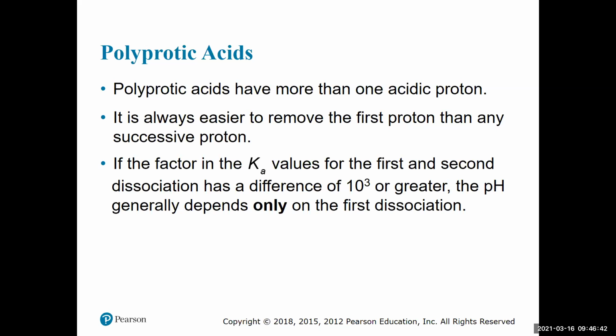So there are some things that have protons that can be donated, but they don't just happen easily. It's not like they donate that first proton and move on to the next one and keep going. That's because the difference in Ka values is big enough that you have to do something to get the next ones to go.